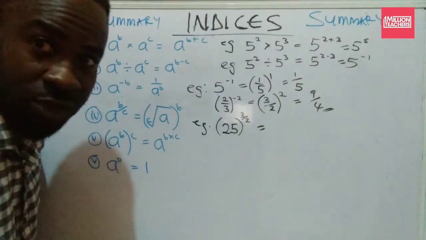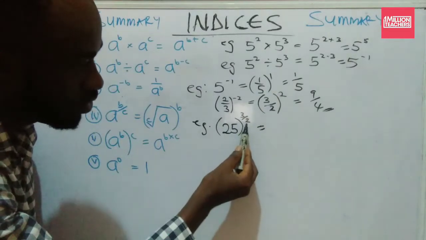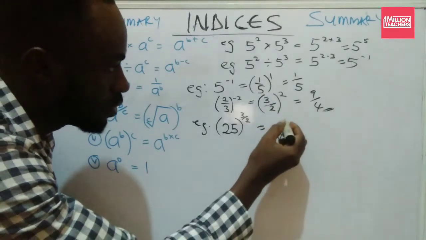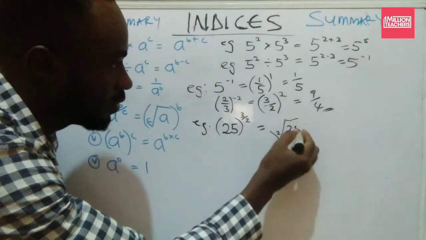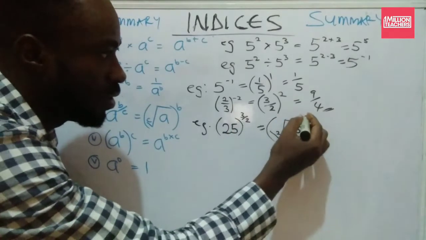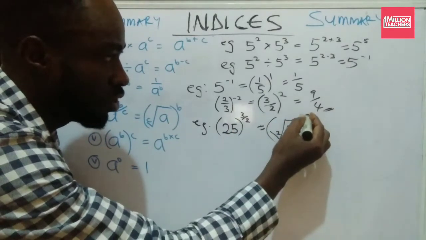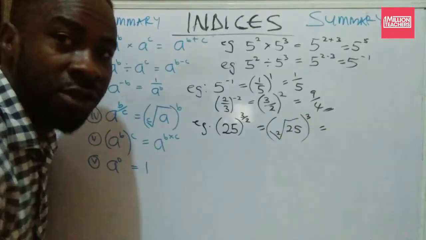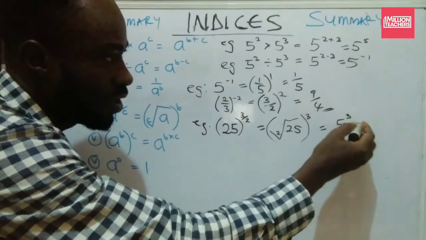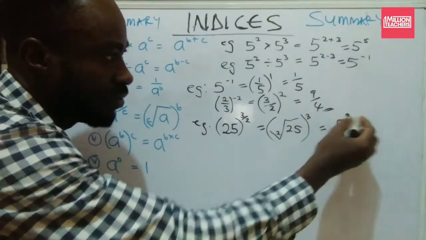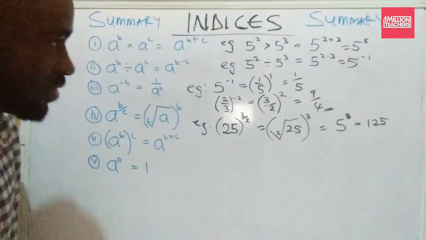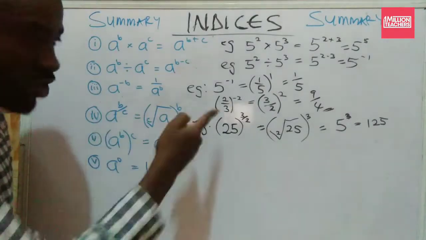The power is a fraction, and the denominator here is 2, which means it becomes the square root of the base, which is 25, and the numerator becomes the power. So the square root of 25 is 5, so we have 5 to the power of 3, and 5 to the power of 3 is the same thing as 125. That's the fractional law.